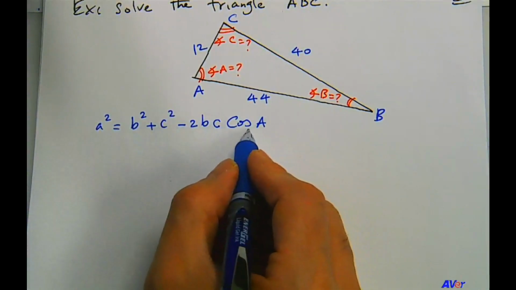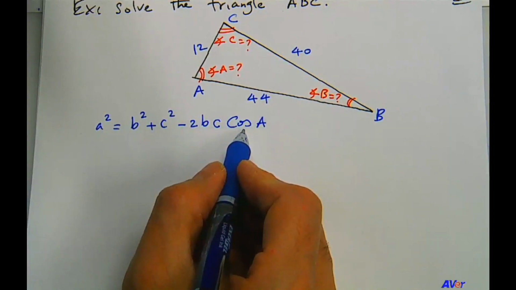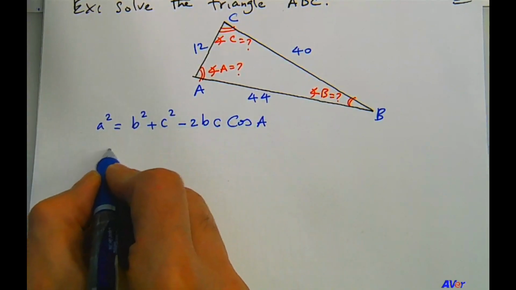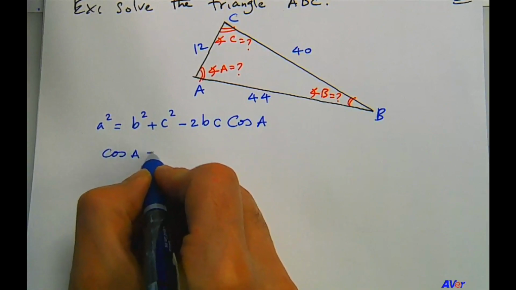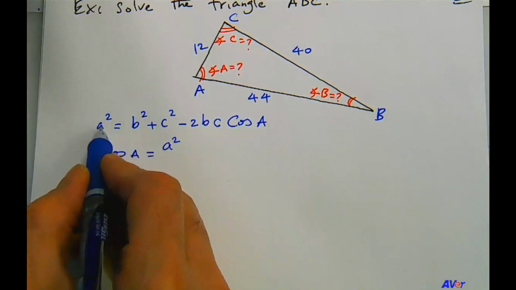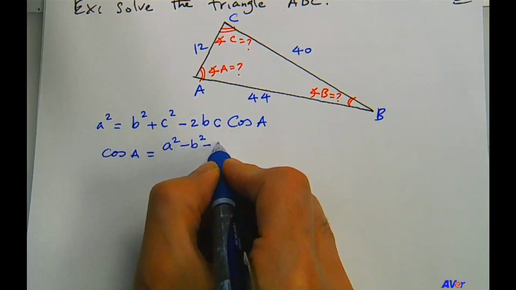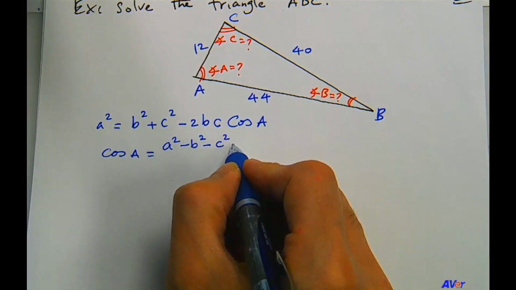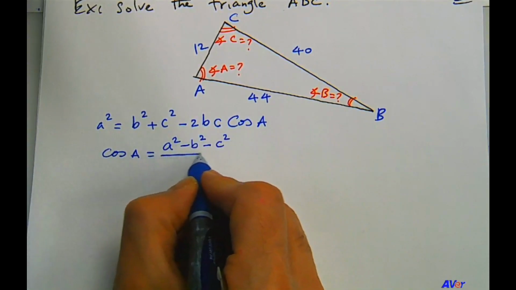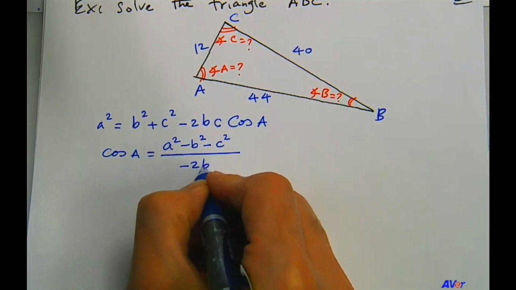So if we solve this equation for cosine of A, we're going to have A squared minus B squared minus C squared, all of that divided by minus 2BC.